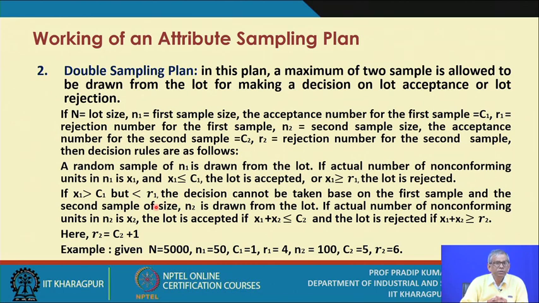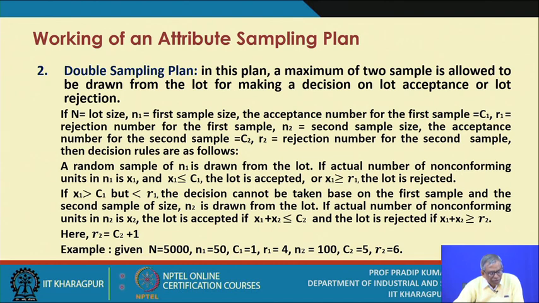So for taking a decision, now you are allowed to draw the second sample, of size N2. Is it clear? Then again you find out how many non-conforming units are in the second sample.